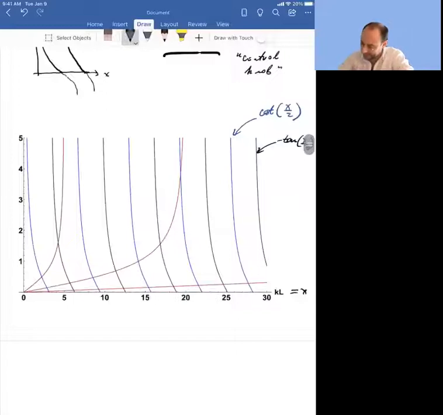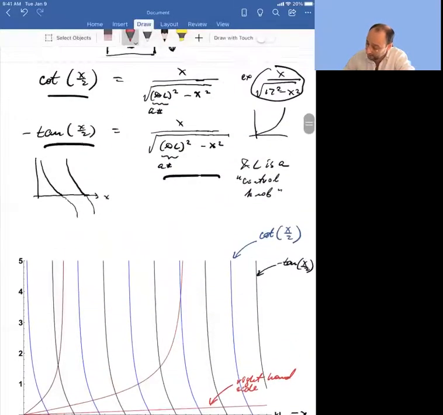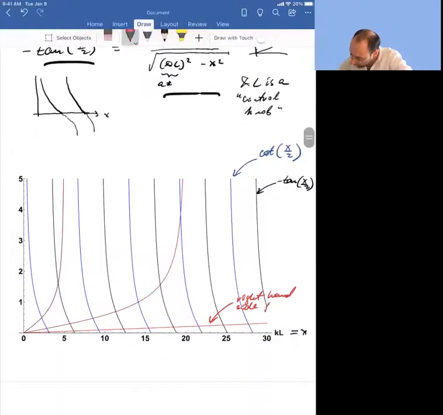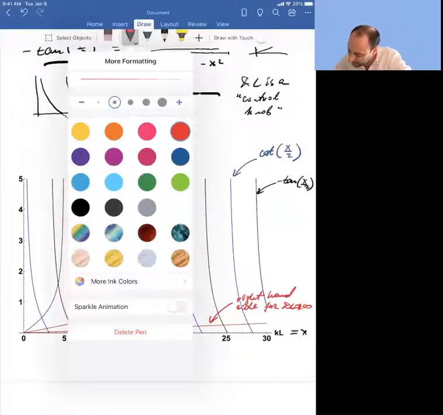So the red one here, this is the right-hand side, meaning this X over the square root blah, blah, blah, for DL equals 100. Large DL. The burgundy, this is the closest color that I can find.